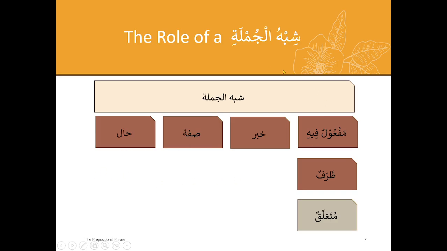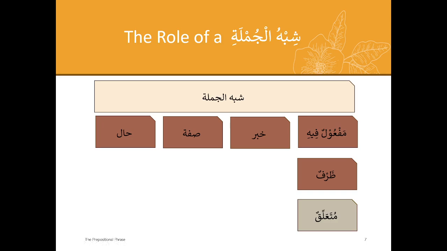There are other things as well that the Shibh Jumlah behaves as. But here, there are cases where things go missing, because they are in the place of the Khabar, for example. So we will look at this when the time comes.